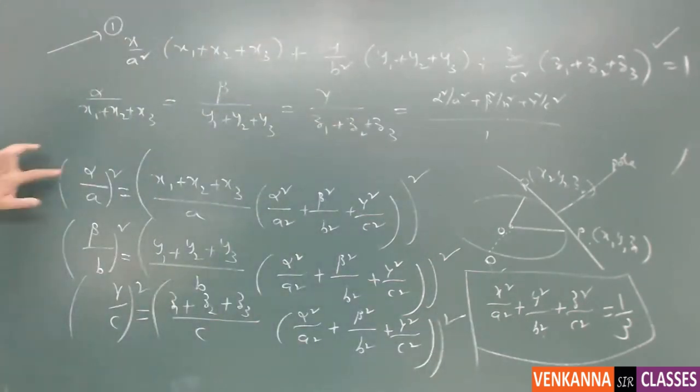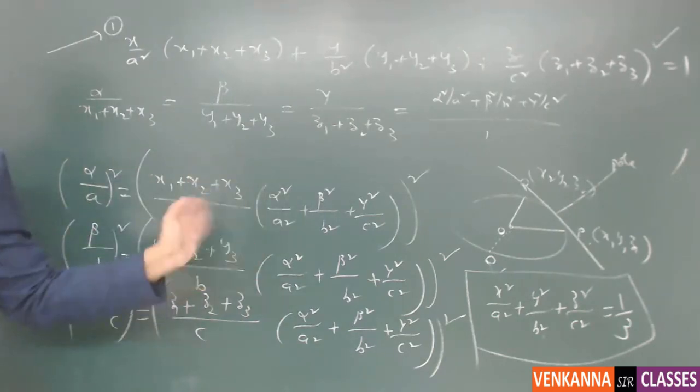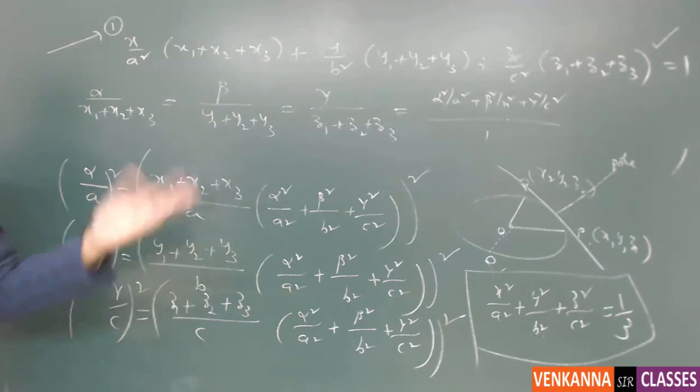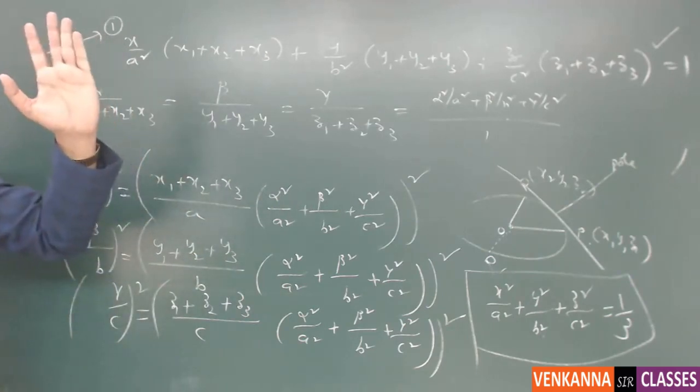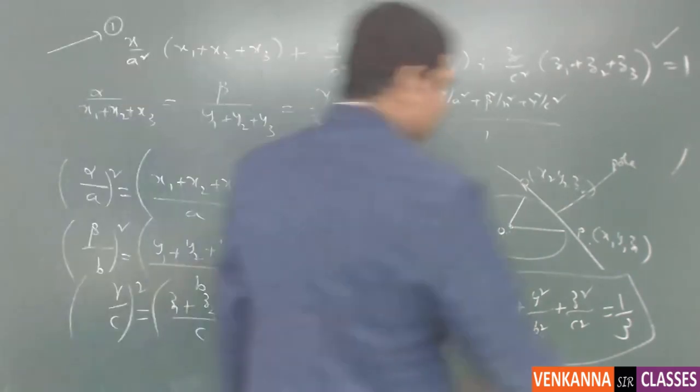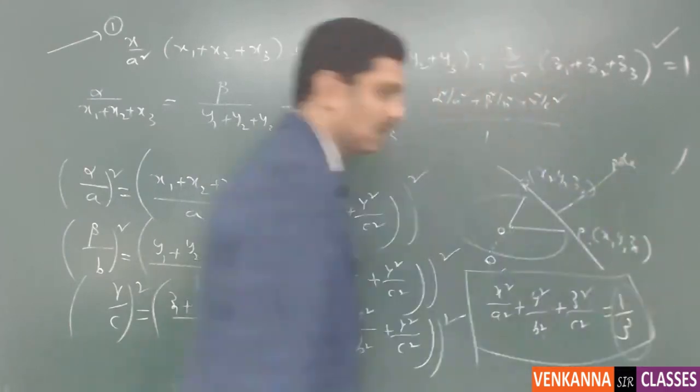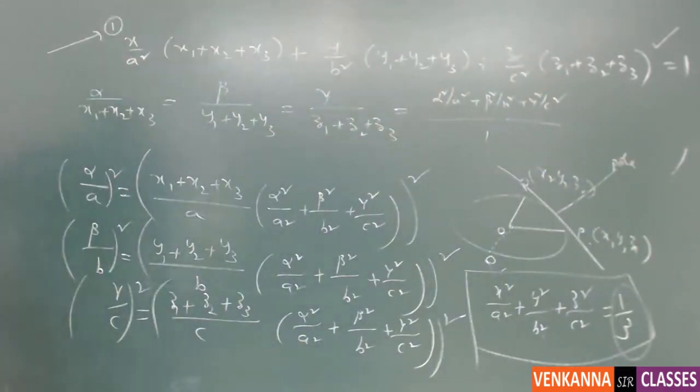If you add the three values on the right hand side, the terms get cancelled. As per the diametral plane properties you have written, only 1 by 3 will come. That is nothing but the solution of the problem. All other values get cancelled.